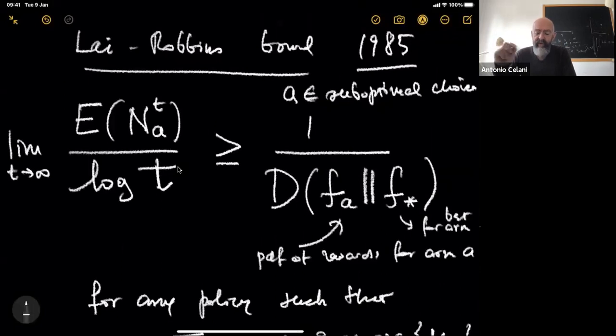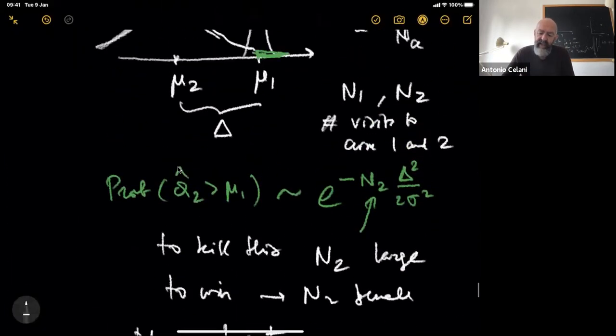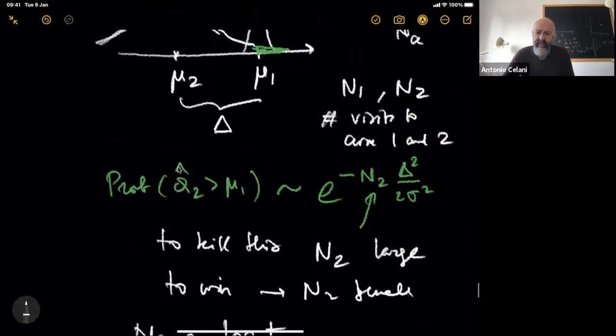And the prefactor of this logarithm is connected to an information theoretic object, which is the Kullback-Leibler divergence between two distributions. For Gaussians, the Kullback-Leibler divergence becomes the delta square, the gap square, divided by the variance. Okay, so you can connect with the arguments that I had above.